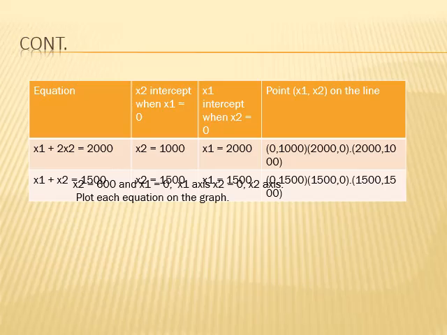Now check the first equation: x1 plus 2x2 equal 2000.